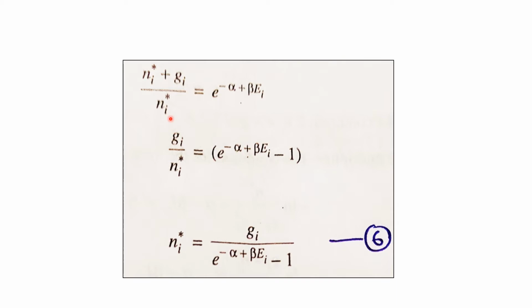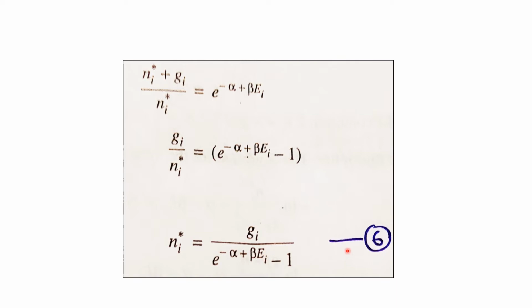We can write the above equation as (Ni star plus Gi) by Ni star is equal to e raised to minus alpha plus beta Ei. That is, Gi by Ni star is equal to e raised to minus alpha plus beta Ei minus 1. Therefore, Ni star is equal to Gi by (e raised to minus alpha plus beta Ei minus 1). That is given equation number 6.